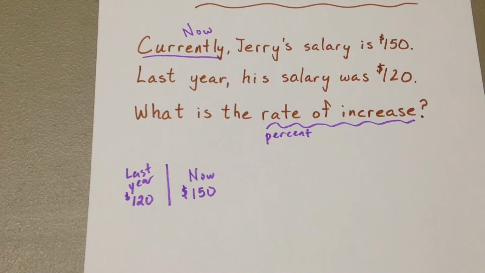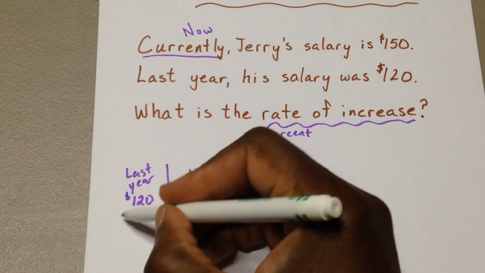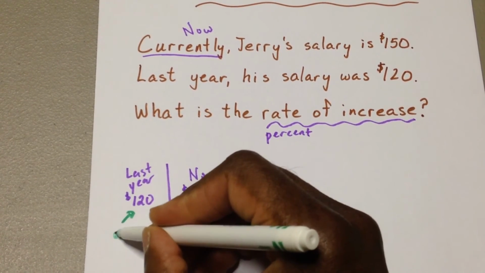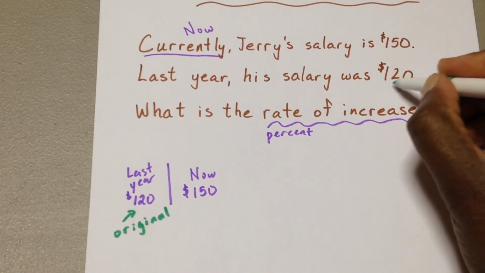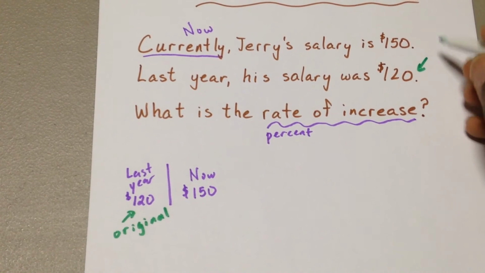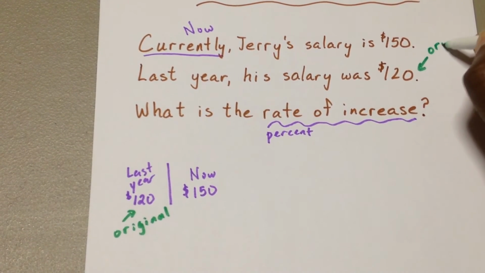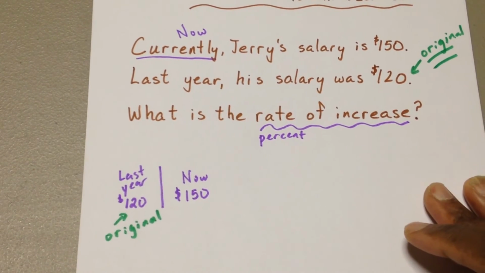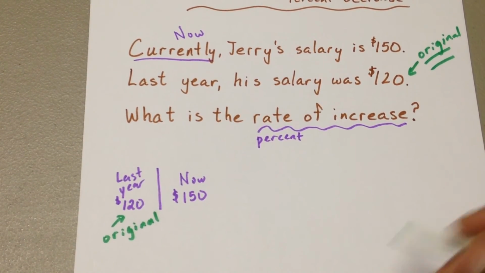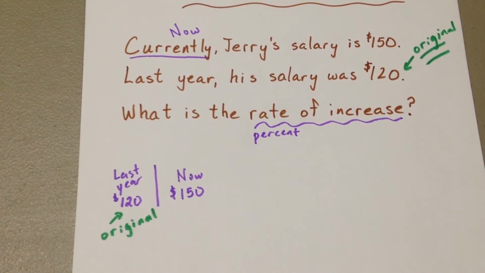Now, again, keep in mind that this 120 is the original number. So I'm just going to put this down, that this is my original number. So the 150 is the new number. All right, so let's make the fraction.